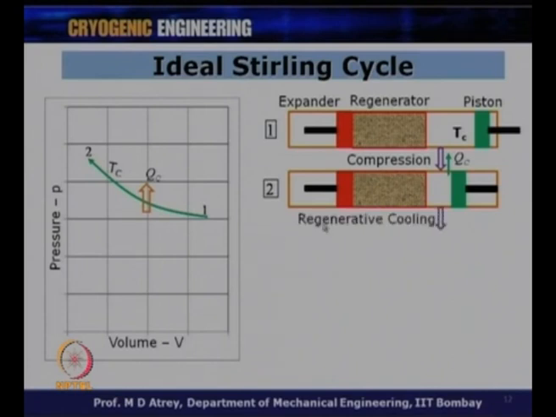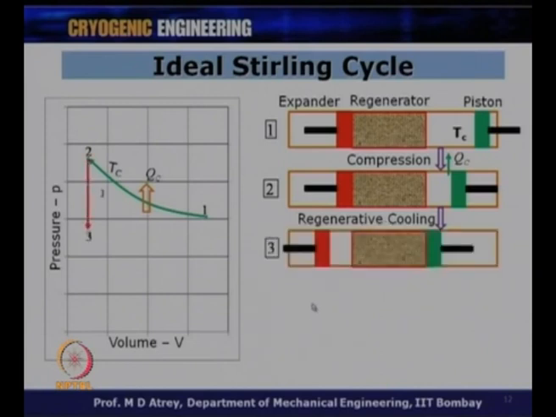Now, the next process is regenerative cooling, or constant volume heat rejection. During this time, the volume will remain constant. The compressor piston will come forward, and in order to keep the total gas volume constant, the expander will move back.